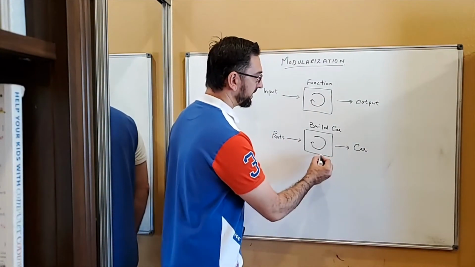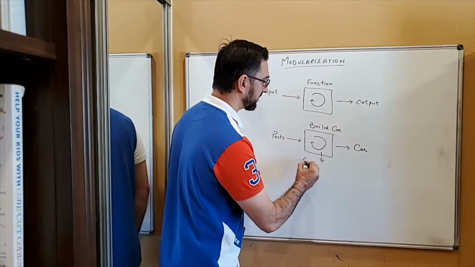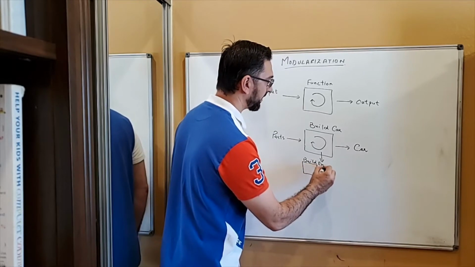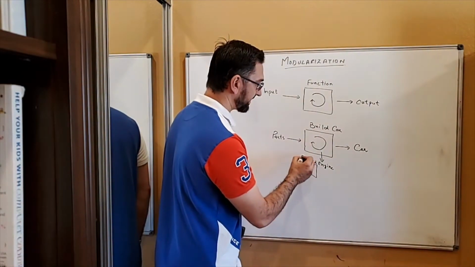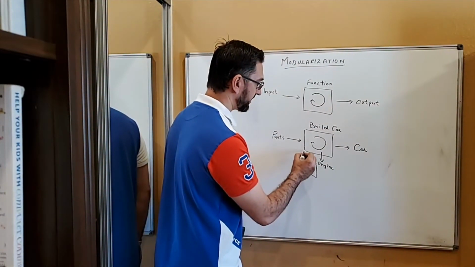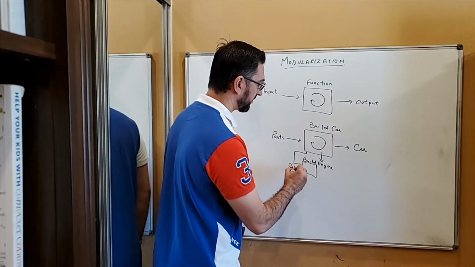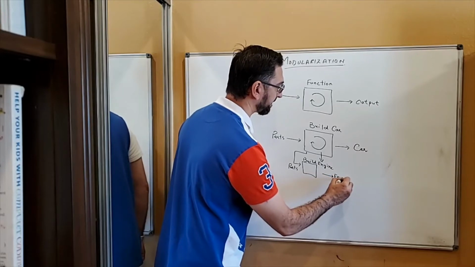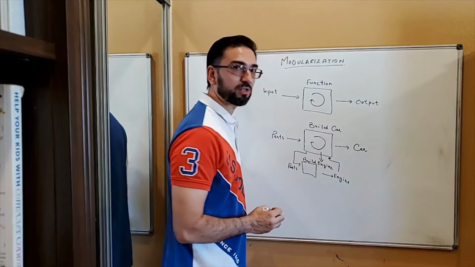This function may internally call some other functions. Let's say build engine is one function that it can call, and it passes it some parts that the engine needs. This outputs the engine, and the output goes back to the calling function.